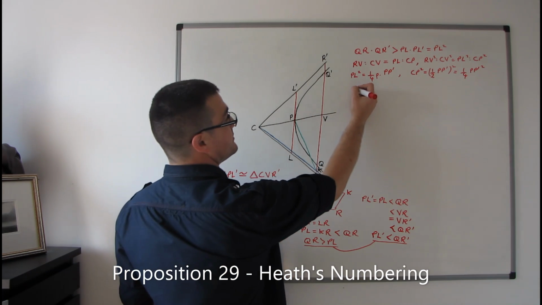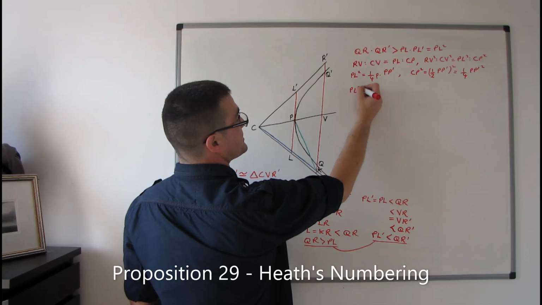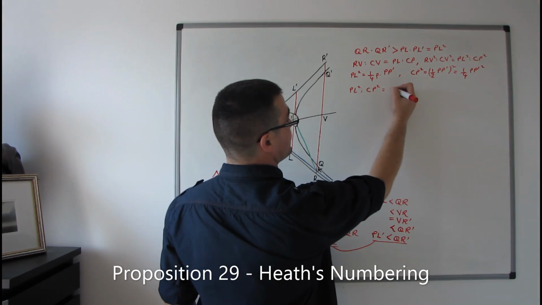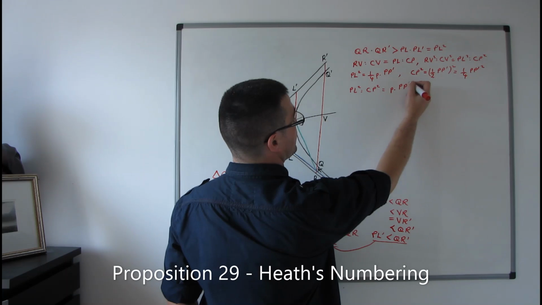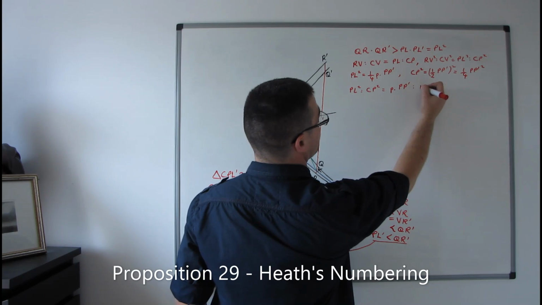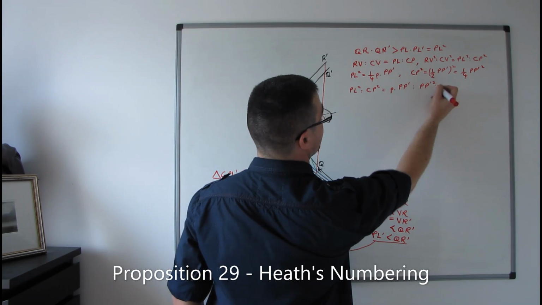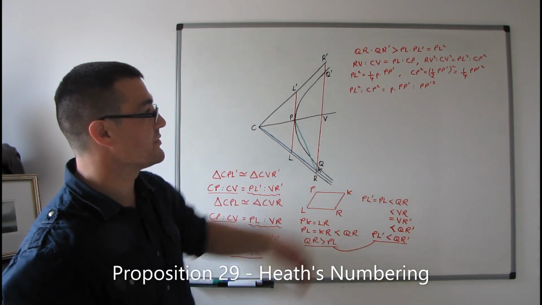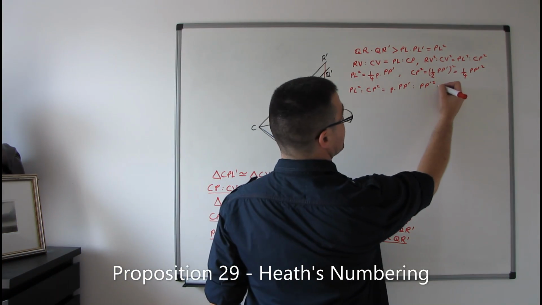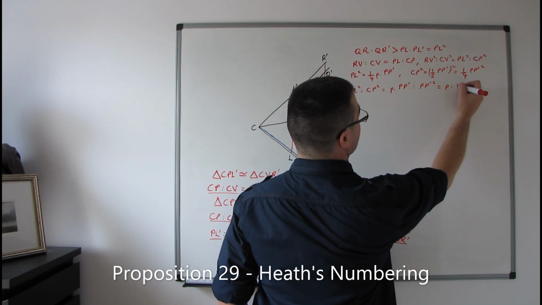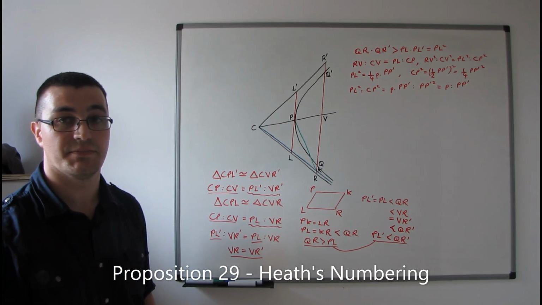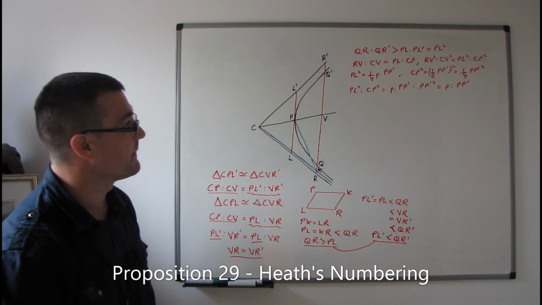So therefore PL squared to CP squared is equal to P times PP primed in ratio to PP primed squared, and then you can cancel the PP primed off each side, and you're just left with P ratio P primed. So lowercase p is the parameter of the hyperbola.